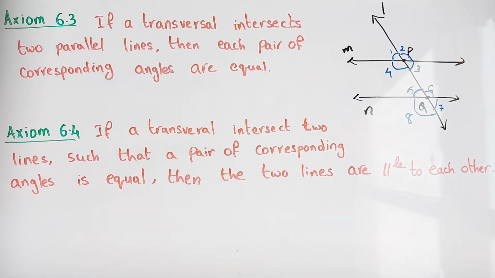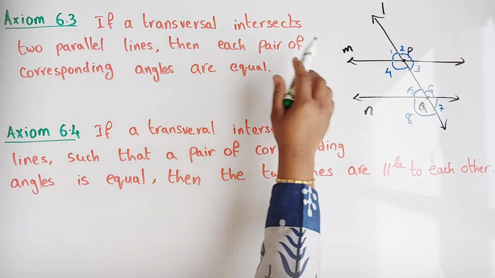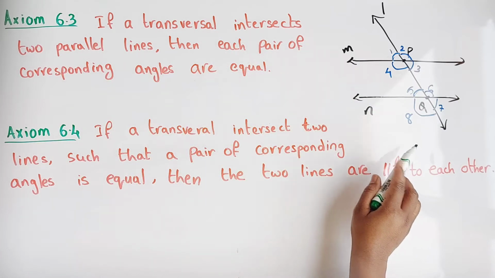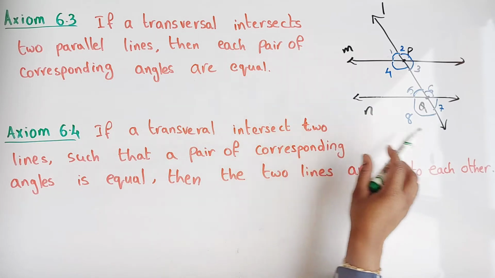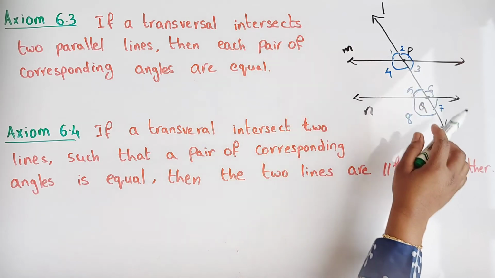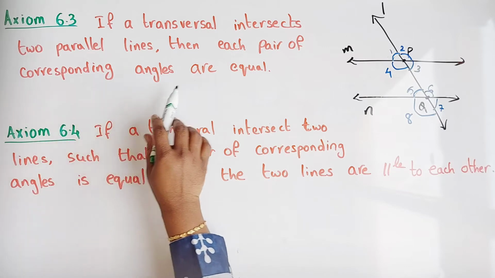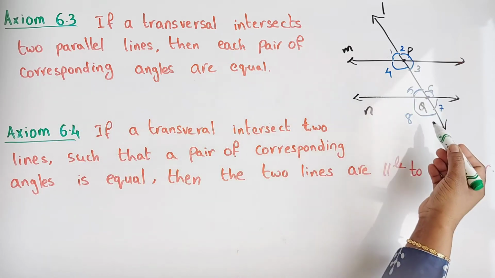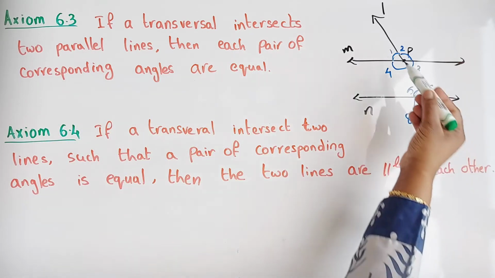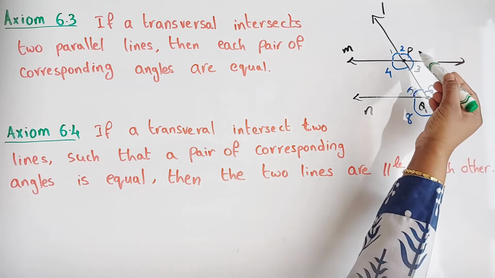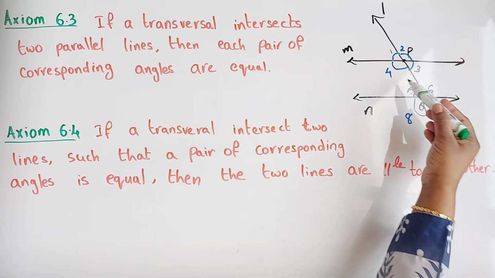Here you see the statement, children. If a transversal intersects two parallel lines, that means M and N are two parallel lines and transversal L intersects these two lines, then each pair of corresponding angles are equal. We know what the corresponding angles are, right, children? 1, 5 and 2, 6, 4, 8, 3, 7.